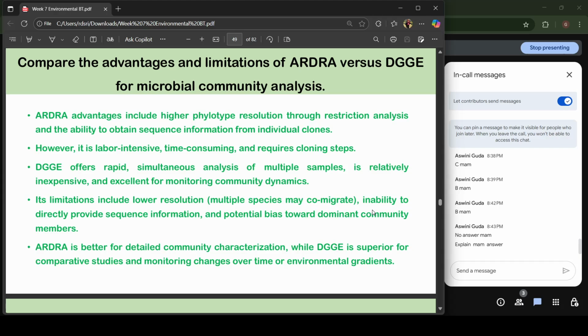So the basic difference between using this ribosomal and normal DNA is that during restriction analysis, the ribosomal DNA has the capability to show very different restriction fragment patterns. But the disadvantage of ARDRA is that it is very much labor intensive and time consuming.